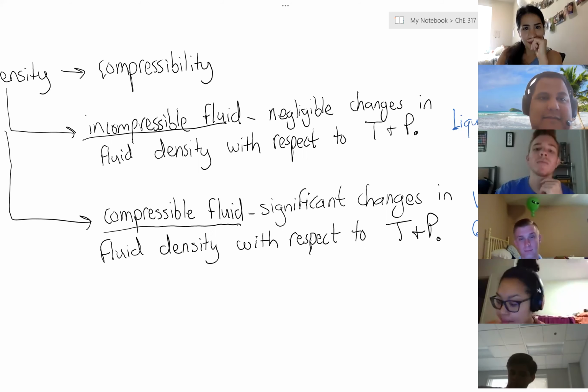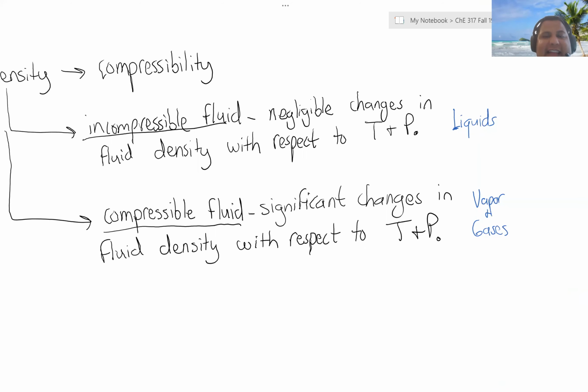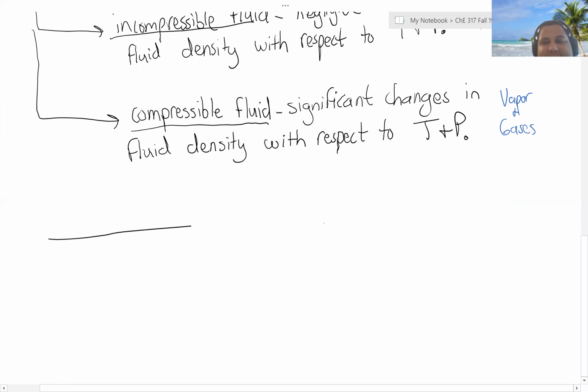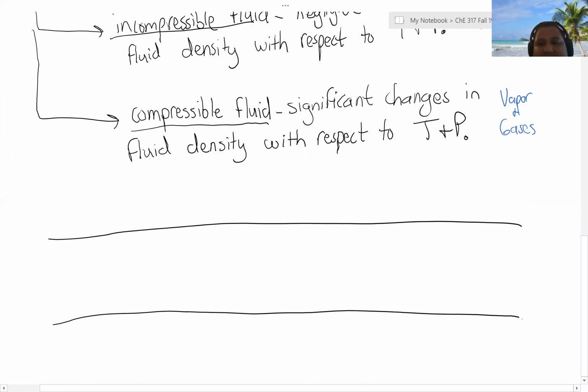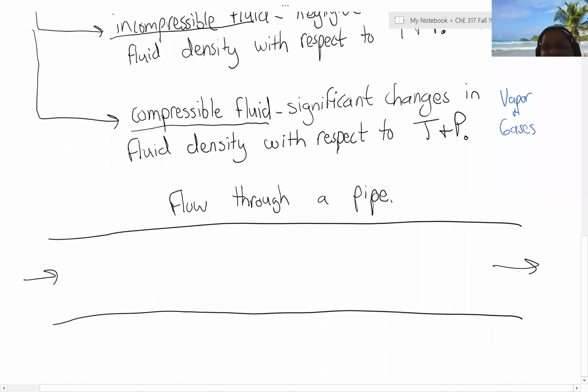All right. So let's consider the implications of compressibility when we're looking at this example. An example that's going to happen, I don't know, at least a dozen times in this class. Flow through a pipe. Where we have flow coming in on the left, it's leaving on the right.